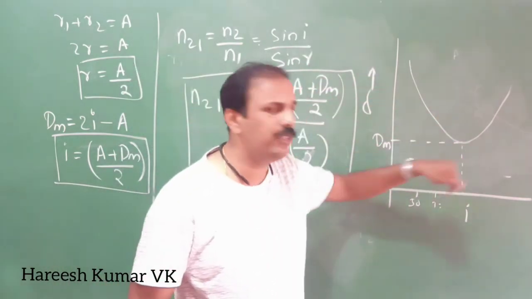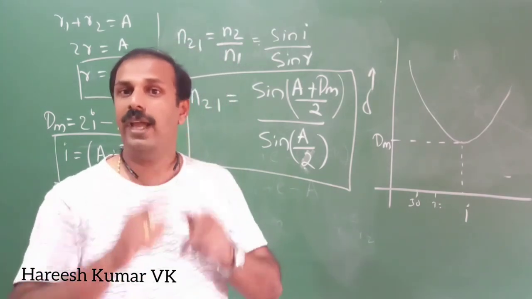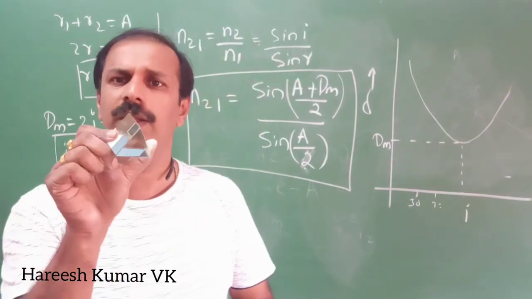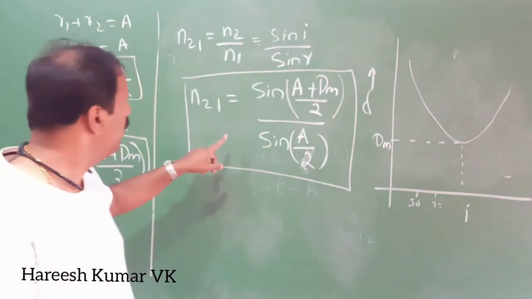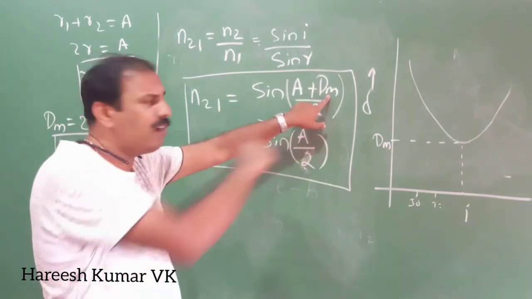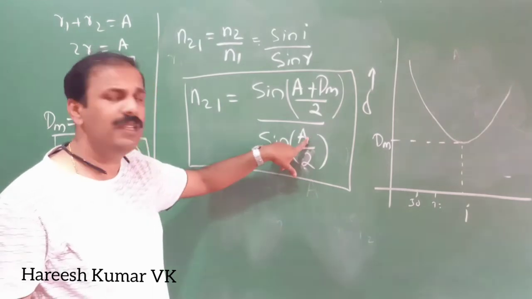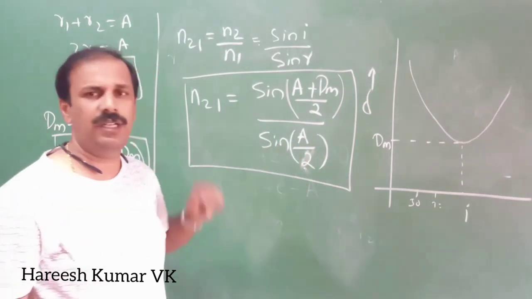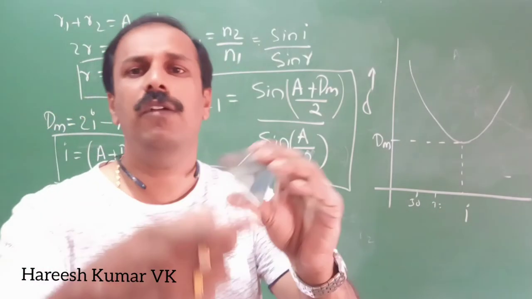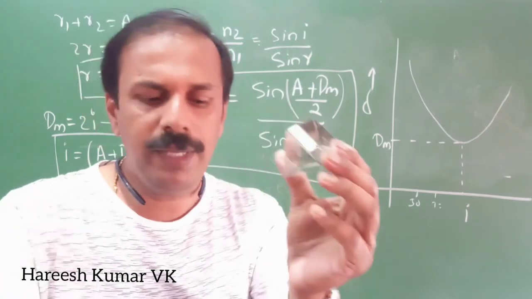From this graph you find out what the minimum deviation is. Once you get the minimum deviation, and the angle of prism is 60 degree, you put the values: sin of (60 degree plus dm, which you get from the graph) divided by 2, then whole thing divided by sin of 60 by 2, that is sin 30. If you do this calculation, you can find out the refractive index of the material. That is one method of doing it.